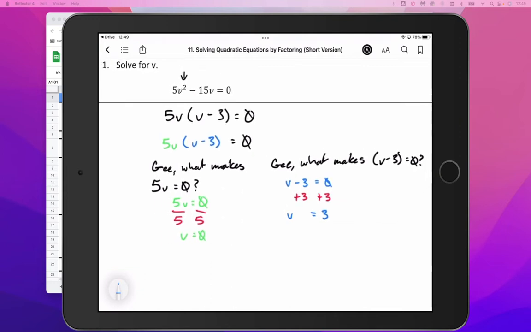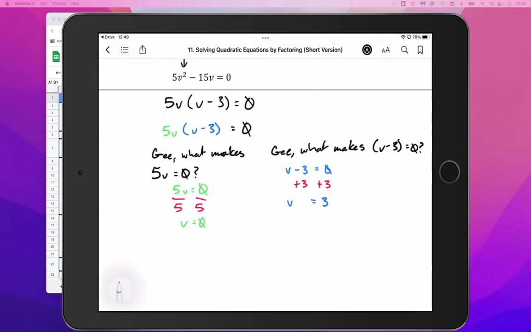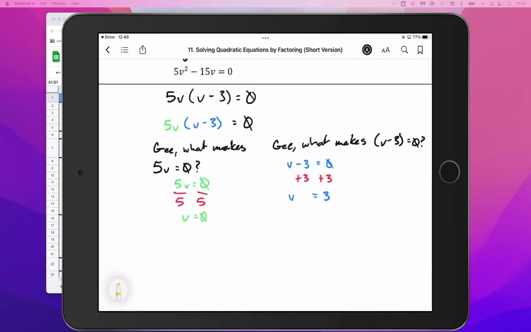So what this is really telling us is, hey, if I was to put 0 back into the original equation, I would end up with 0 equals 0. And if I was to put v equals 3 back into the original equation, I would end up with 0 equals 0.